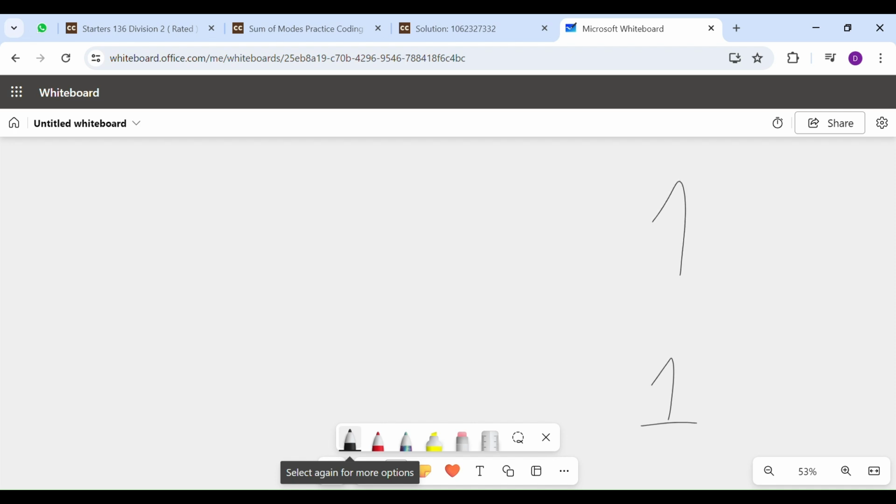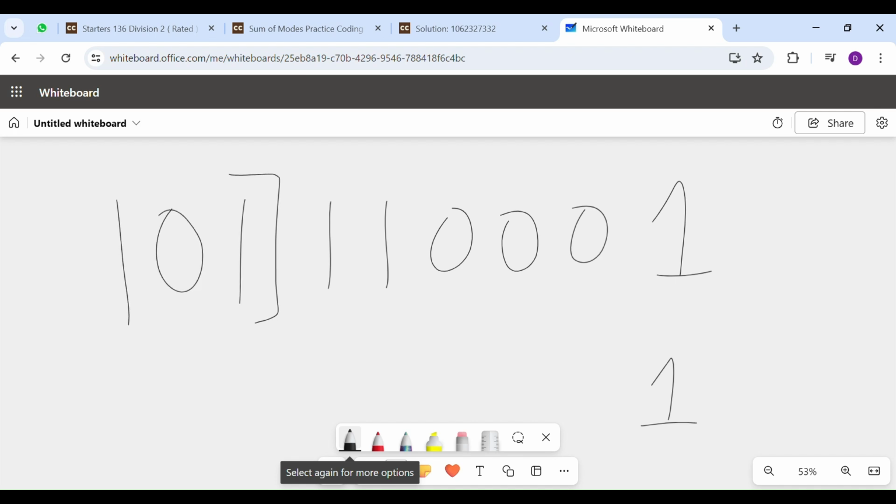Okay, let's take some example like this. So I want the number of indexes such that there is one extra one up to that point. If I calculate this, then over here there is one extra one. If I do this, still there is one extra one.